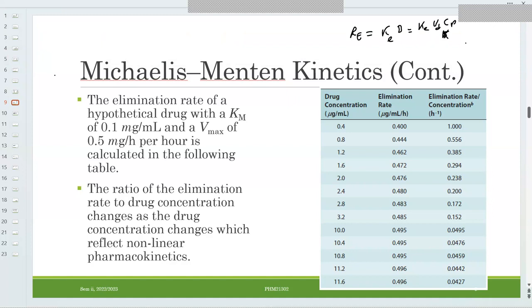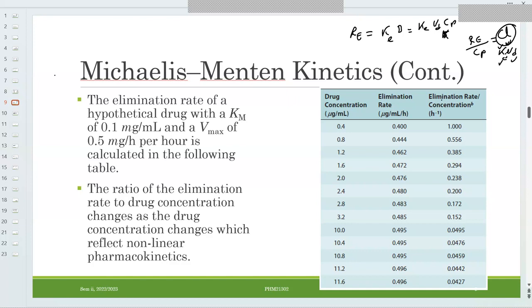So the rate of elimination divided by Cp equals clearance, which is Ke times Vd. The clearance is constant, equal to a constant multiplied by a constant. Ke is constant, Vd is constant, so clearance is constant. This is in linear pharmacokinetics.